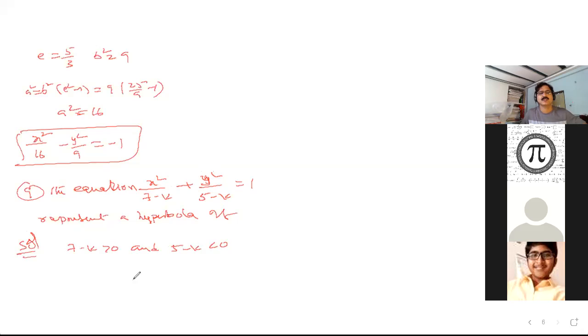Right. Why? Because let me tell you, 7 minus k is like this. If I take minus here, k minus 5. Actually it is like this. If you write in this format, then you are supposed to write here k minus 5 is greater than 0. Right, sir? Here 7 minus k is positive and this is also positive.